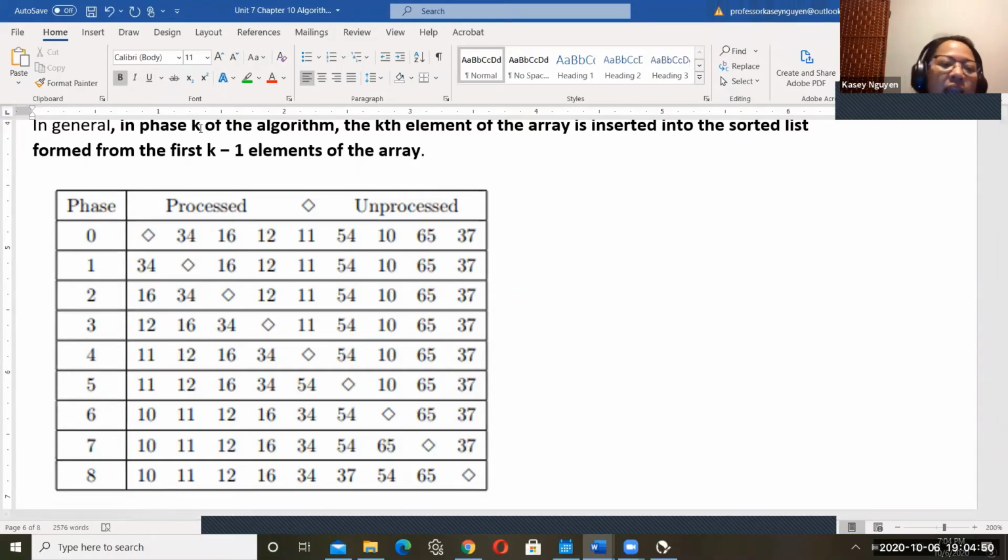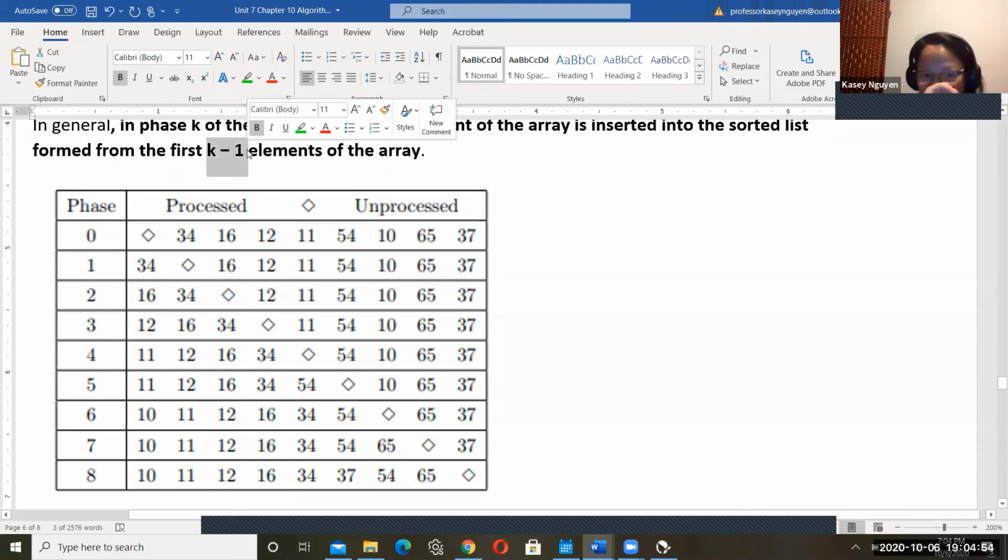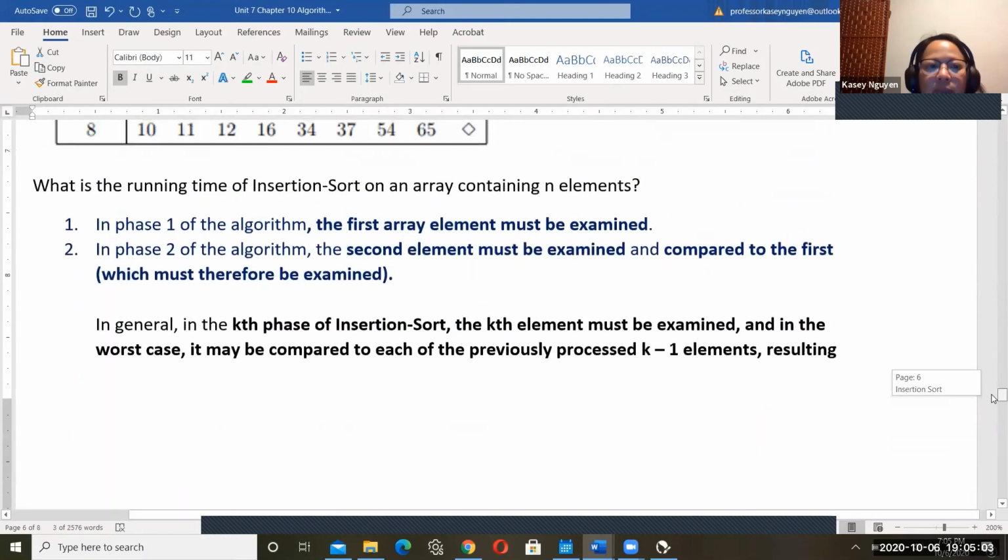So here it's saying that it's going to form n or k minus 1 elements in that array. So it's the one prior to the position of k. Okay. So the first array element needs to be examined. That's a must in the insertion sort. So when you do that, you just simply write if this is greater than that value, then it needs to go to the right.